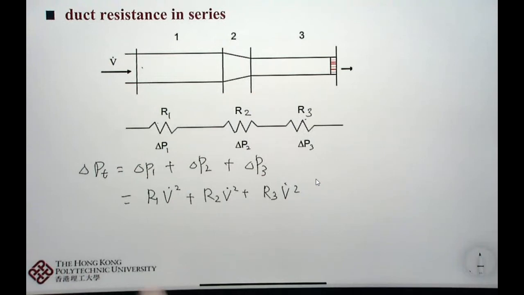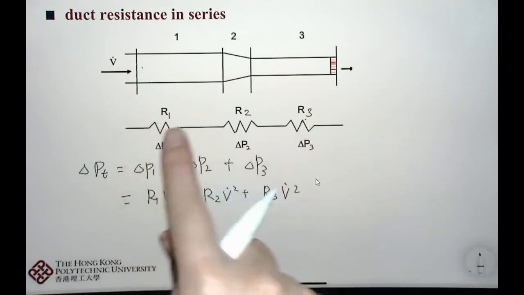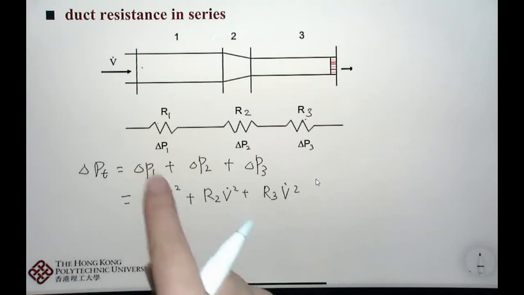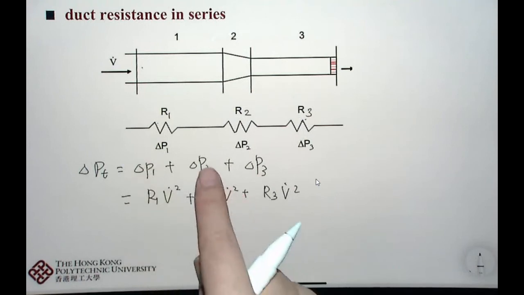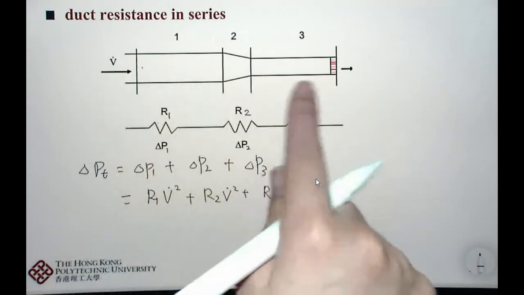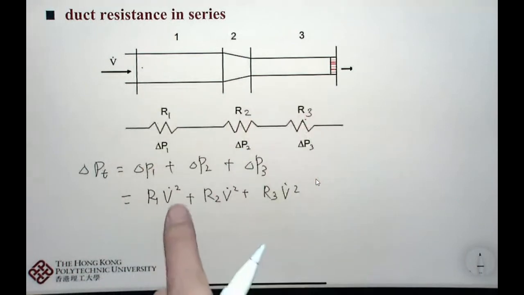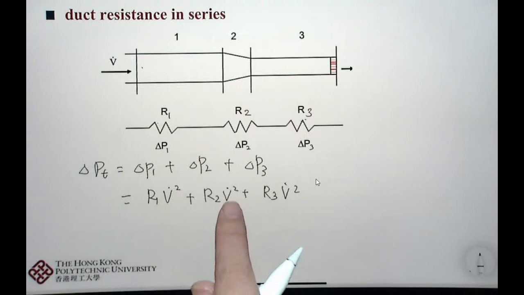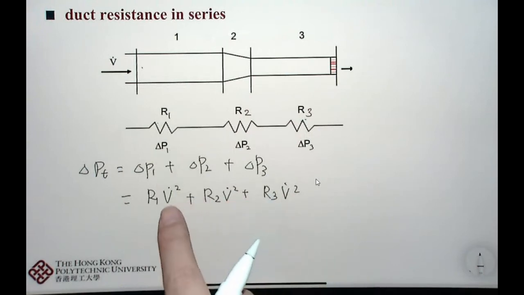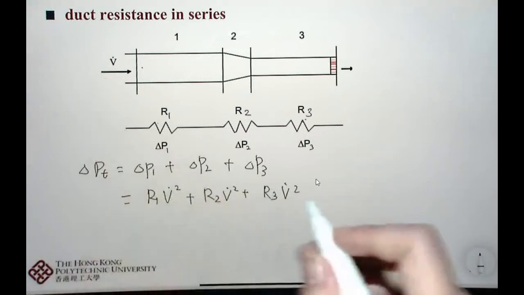Originally it should be V dot 1 for delta P1, V dot 2 for delta P2, and V dot 3 for delta P3. Since the 3 duct sections are connected in series, V dot 1 equals V dot 2 and V dot 3, and all of them equal V dot, as shown here.